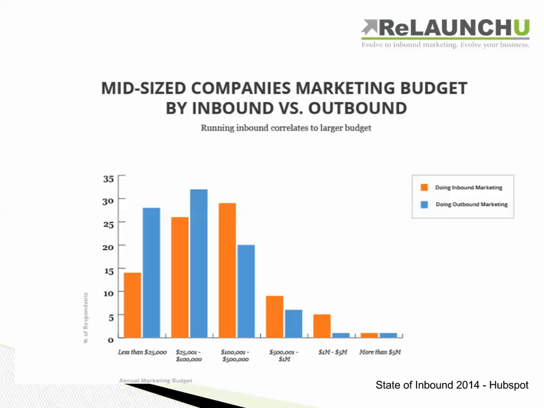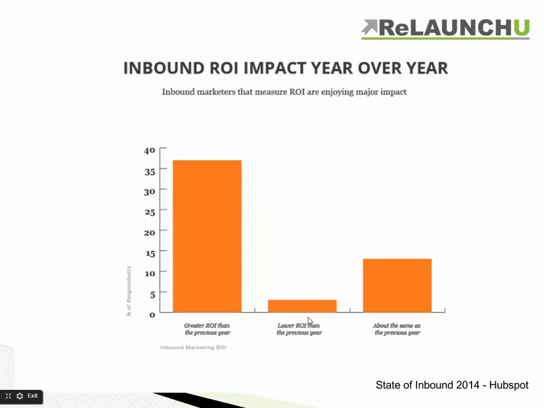Now, this whole thing about making more money down the road, what does that mean? Well, let me show you some statistics, another set of statistics from the same report. The greater ROI from the previous year is the majority of what inbound marketers are experiencing. So it means that they are doing the same thing that they did last year, but they're getting more results. And that makes sense because it's a compound effect with blogging, for example.